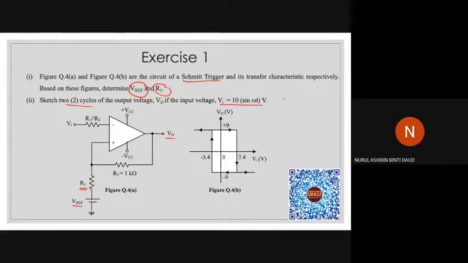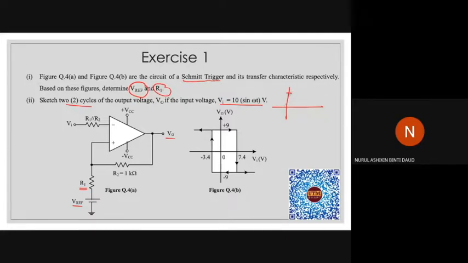It means the input voltage amplitude is 10.